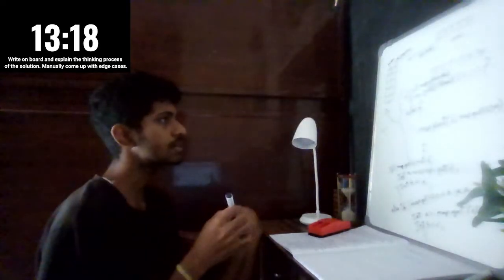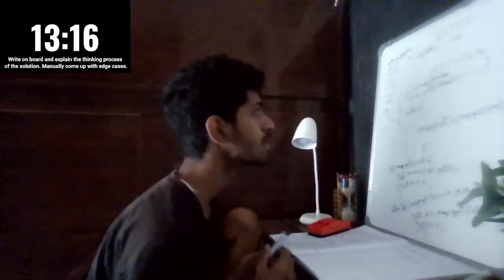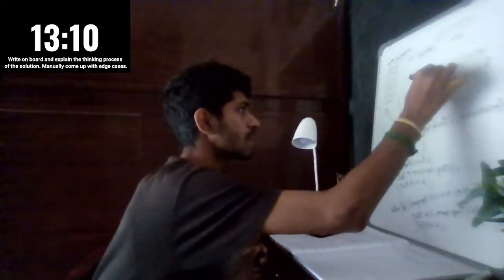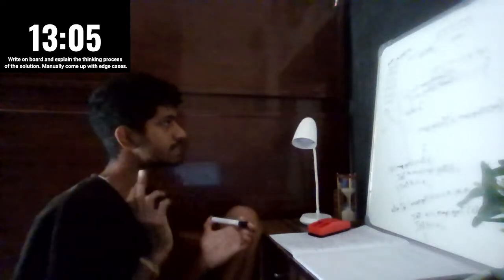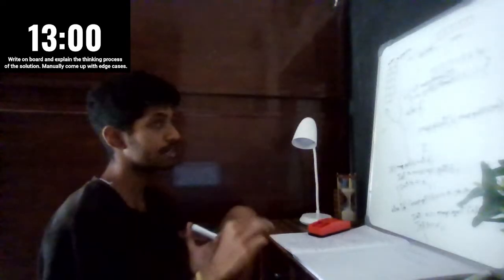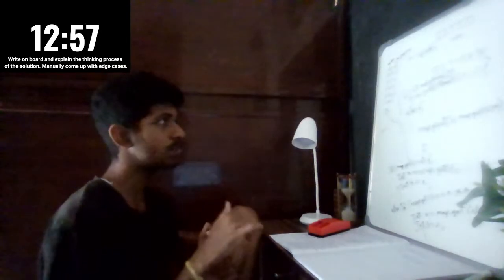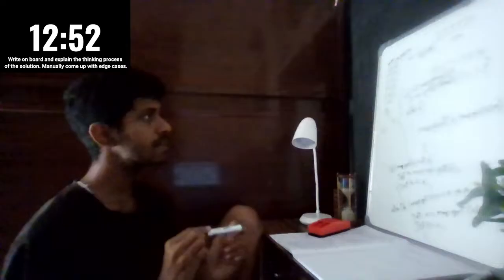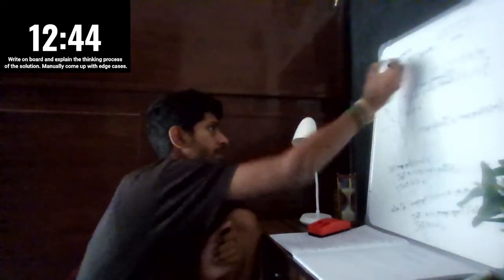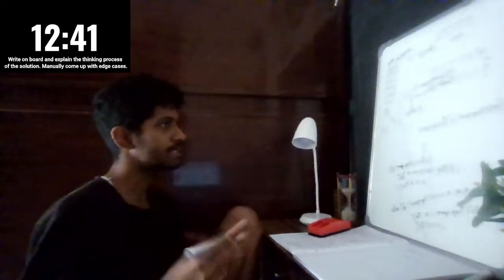Map dot contains I. So is it there? No, then it is false. Not means it is true. So if it is not there, then it is true. So map output is absent. So 1 comma 1, and okay, skip else.